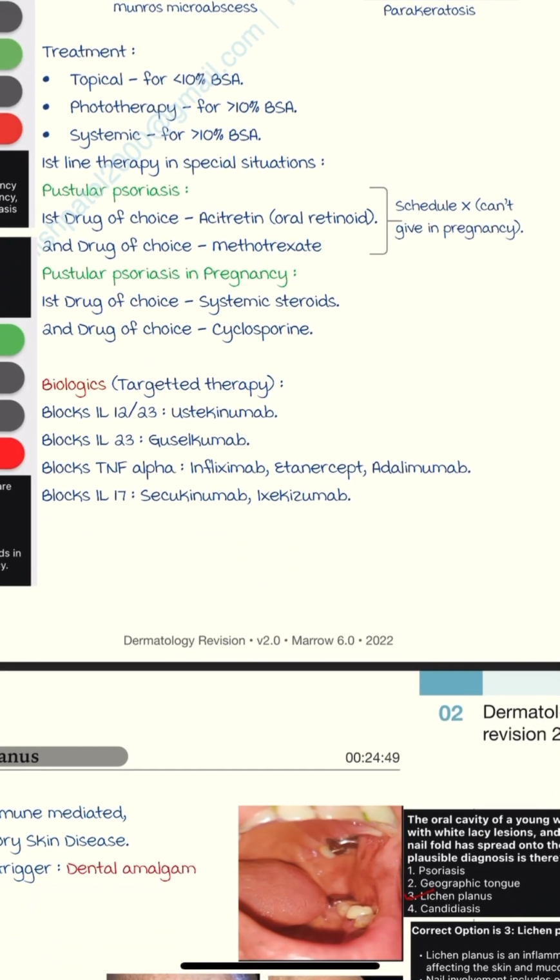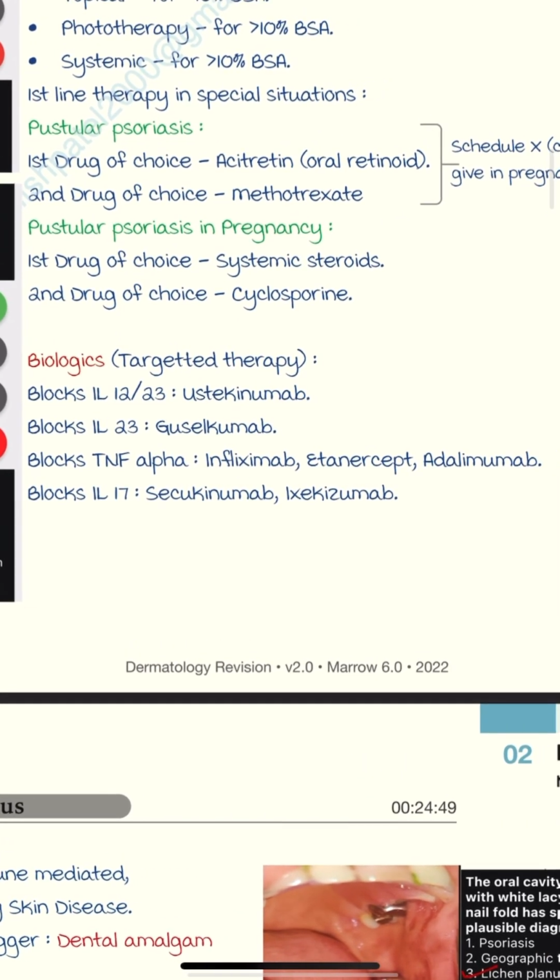Biologics, which are targeted therapy: ustekinumab blocks interleukin 12 and 23, guselkumab blocks interleukin 23, infliximab, etanercept, and adalimumab block TNF-alpha, and secukinumab and ixekizumab block interleukin 17.